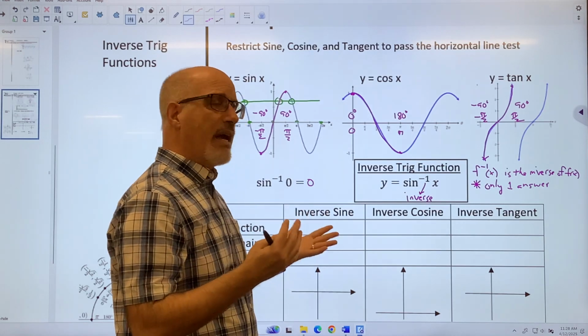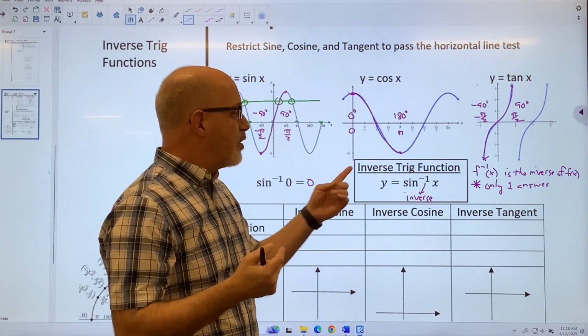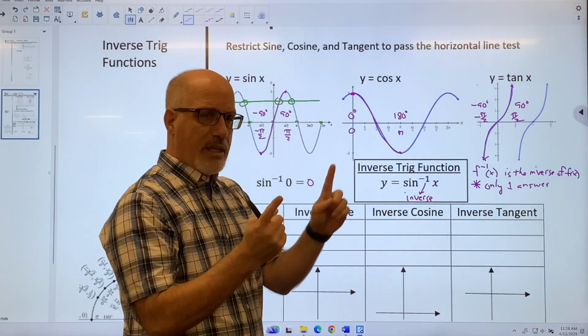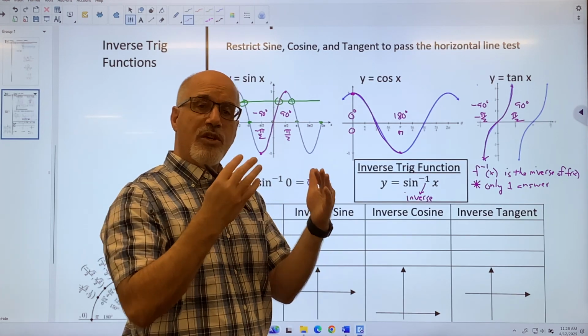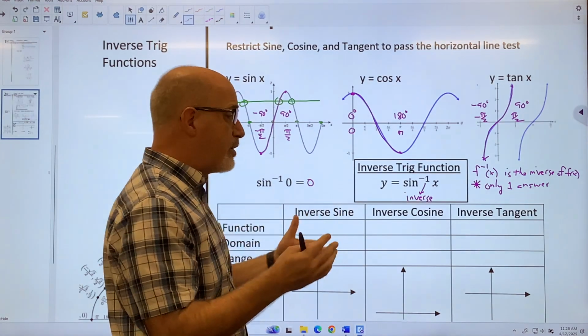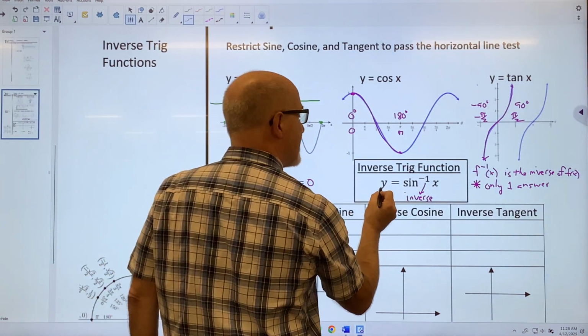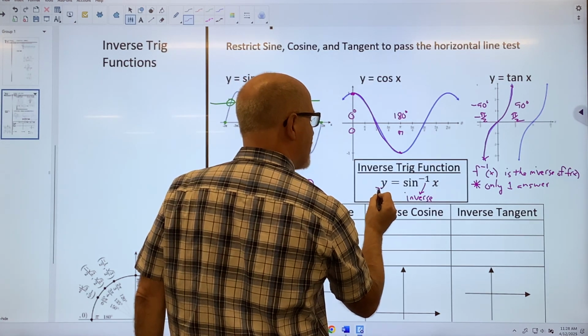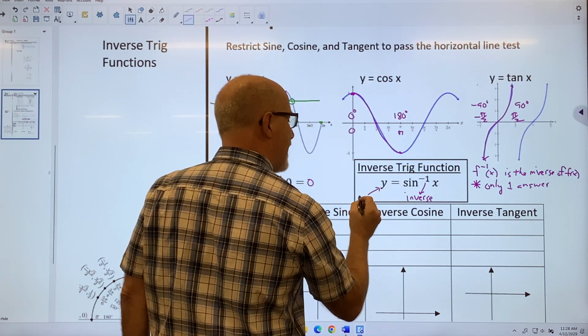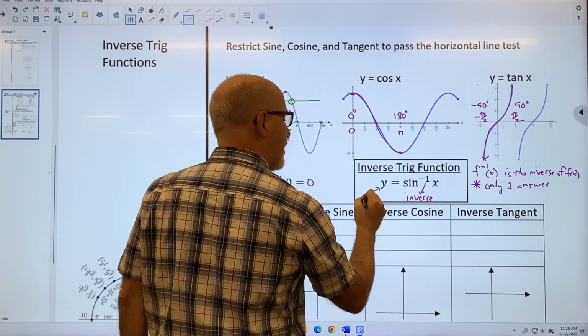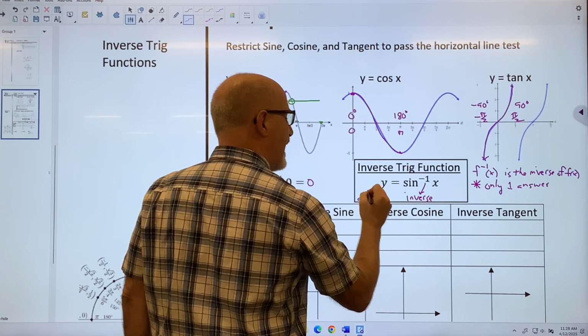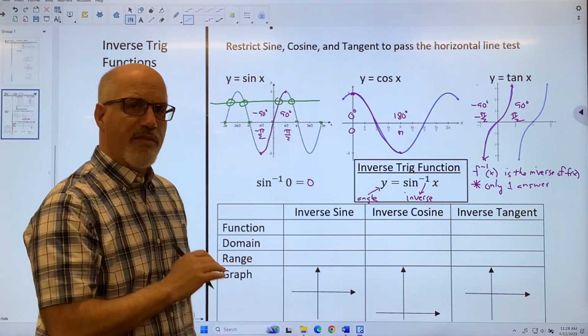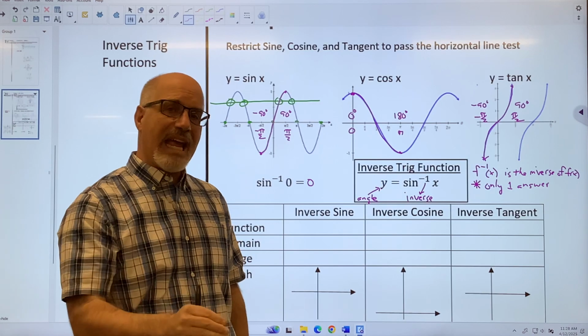And something you have to recognize is you're putting in the x value, you're putting in what's been flipped. It's the value you get out from the original trig function. That means that the answer you get out is an angle. The answer for an inverse trig function is the angle.